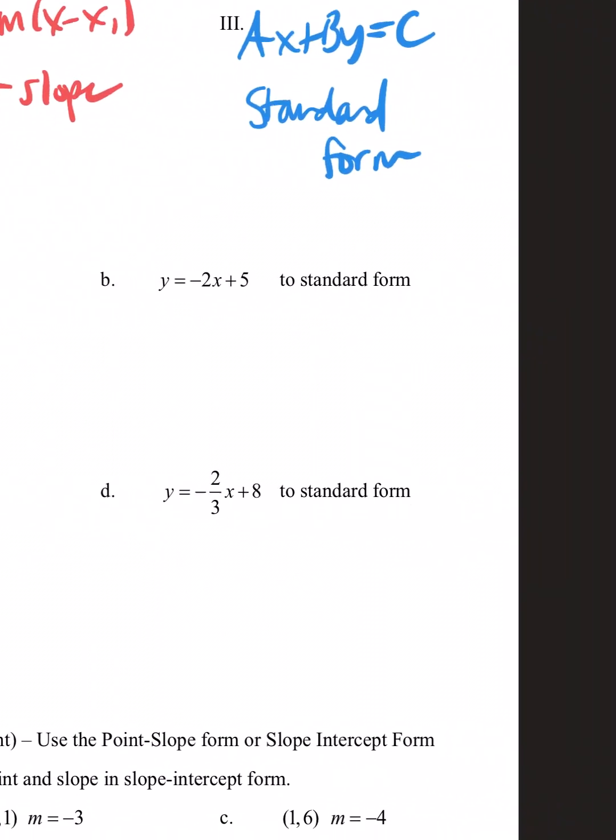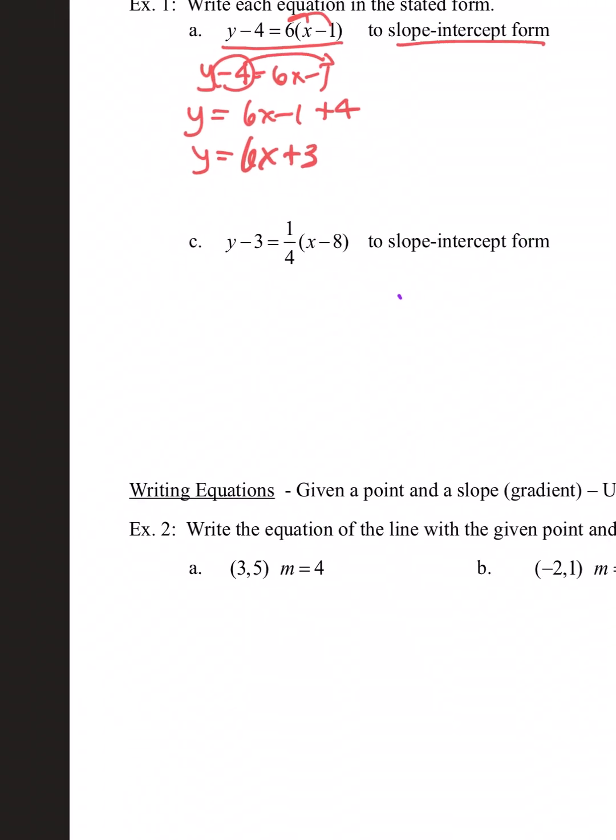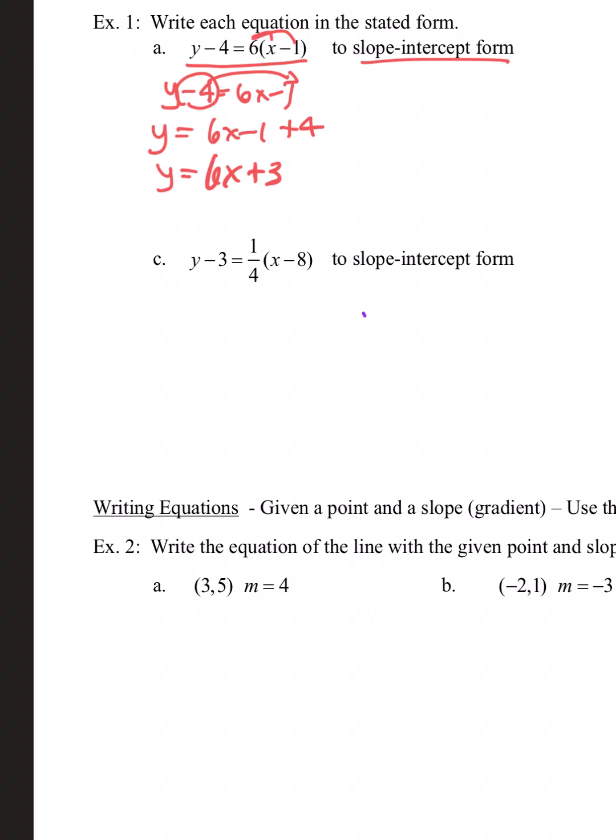Moving over here, if I'm trying to switch this into standard form, all that means is I need the x and the y on the same side. So I'm going to move this to that side, giving me 2x plus y equals 5. If I move over to part C, I want this in slope-intercept form, so I need to get rid of the parentheses.